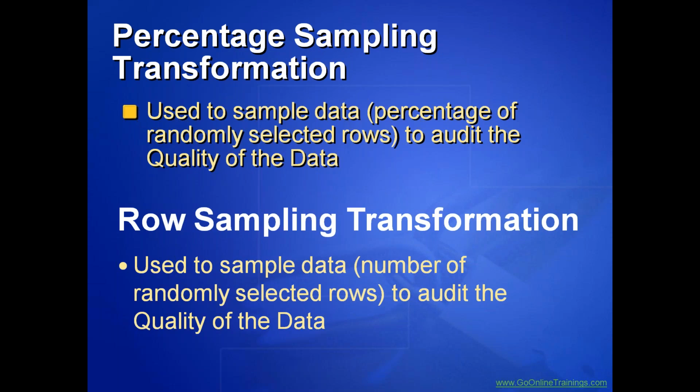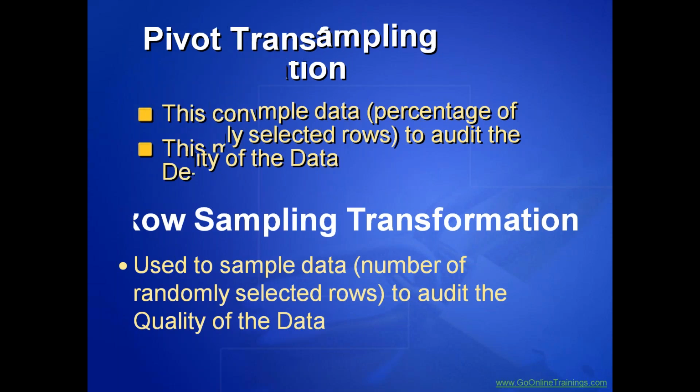So for the sampling purpose, we're going to be using percentage sampling and row sampling. This is before starting development. Clear? We can get some randomly selected rows and give a proper data analysis on this data in terms of data quality check. Clear? So for that purpose, we're going to be using these two transformations.